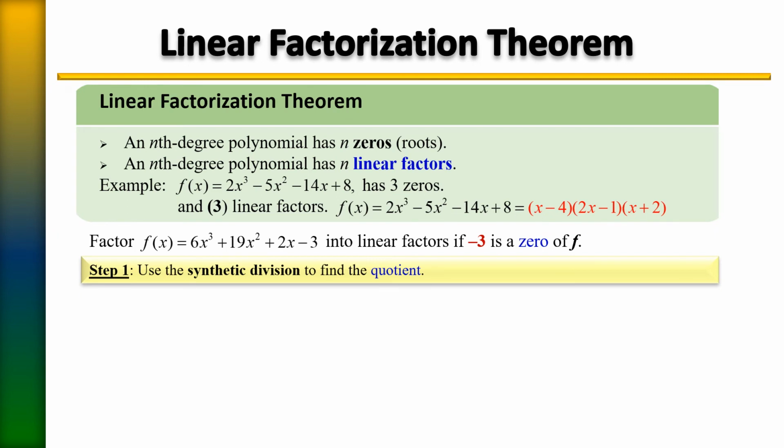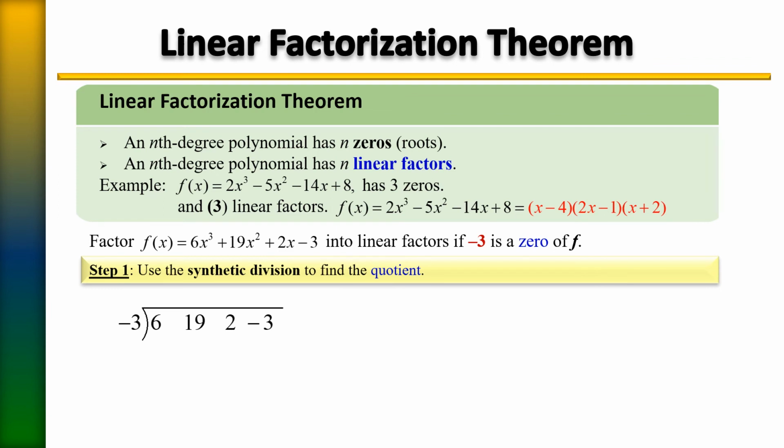And that's what we want to do for this given polynomial. To do that, you're going to have to use synthetic division. So let's put our -3 on the outside as our divisor, and use the given coefficients to write under the symbol so that we can begin our synthetic division process.